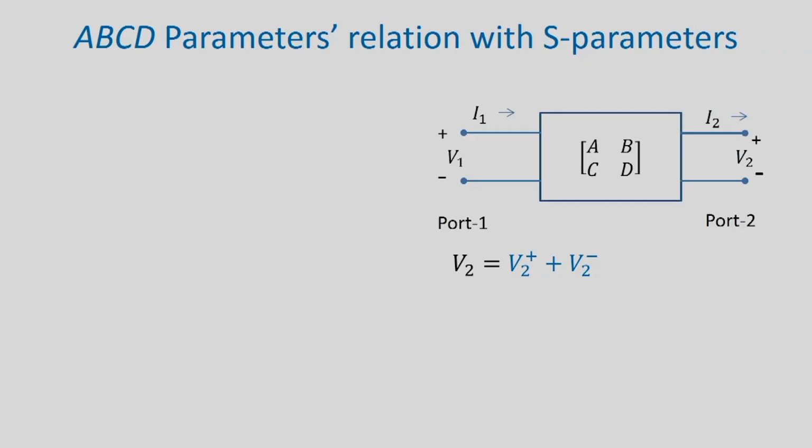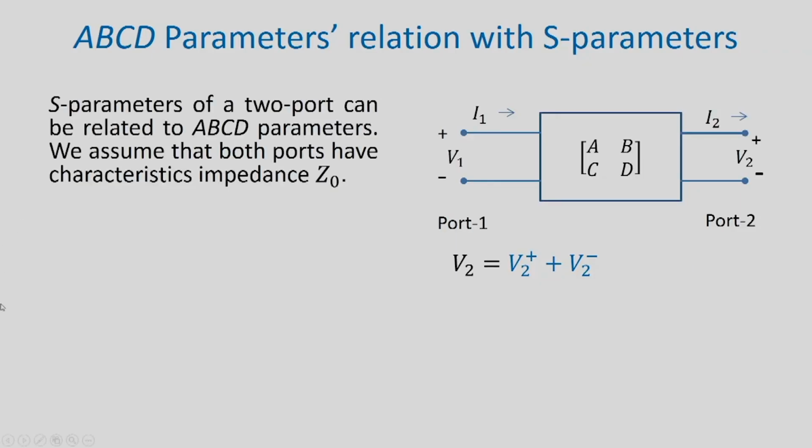So, for that we need to establish the relation between S parameters and ABCD parameters. So, let us consider a two port once again, and let us assume that both the port impedances are same, equal to Z0.